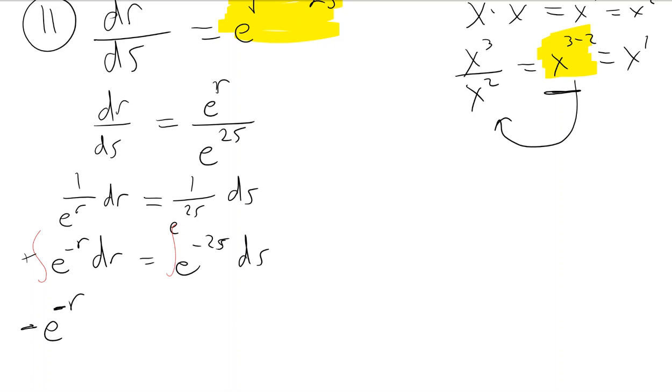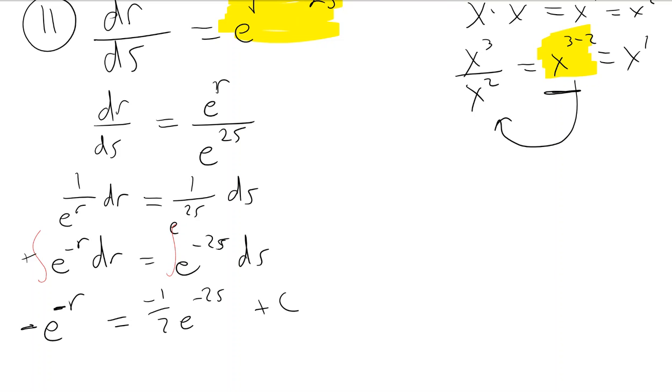So if that's too much for you to juggle in your head, then go ahead and do u substitution and pick u to be negative r. So same thing over here. You really could just multiply by negative 1/2, like so.